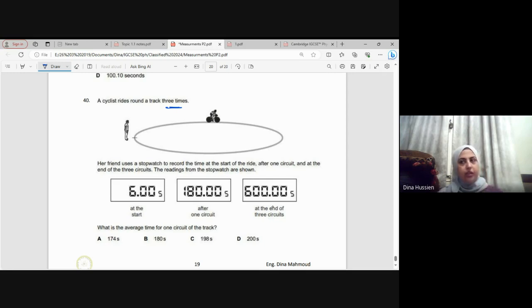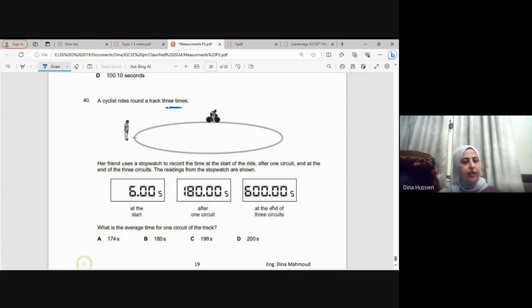Is 180 seconds the actual time she took for one lap? Surely not. Why? Because she started from 6, not from 0. Then after finishing 3 laps, the time is 600 seconds. Is this the actual time? No, because there's an extra 6 seconds error.